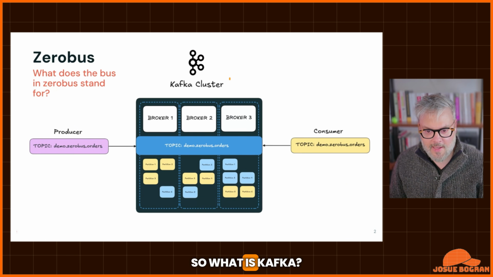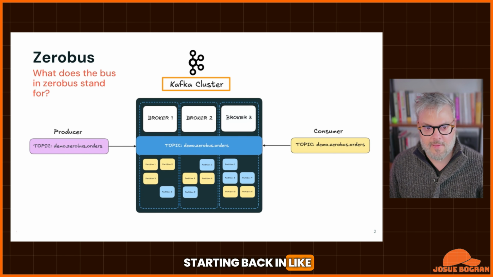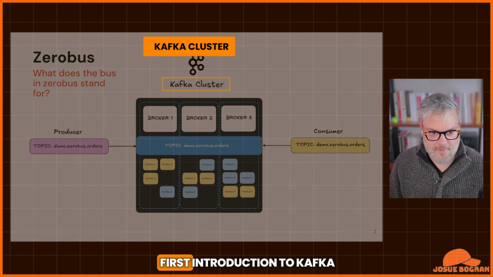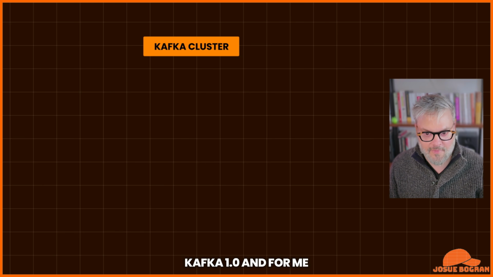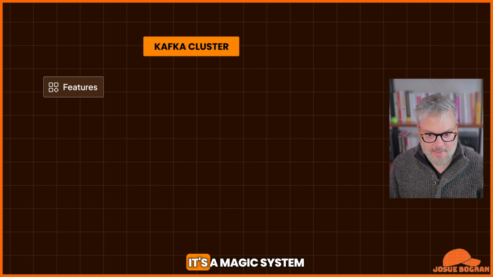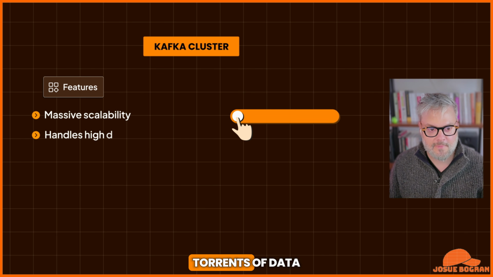So what is Kafka? For me, starting back in the Yahoo days, around 2013, I had my first introduction to Kafka, prior to Kafka 1.0. For me, it's a magic system that scales out almost indefinitely to handle torrents of data.